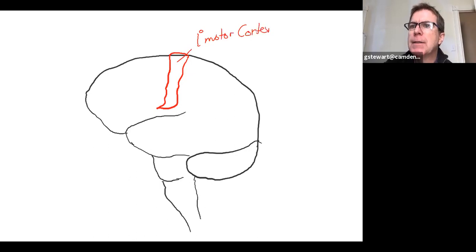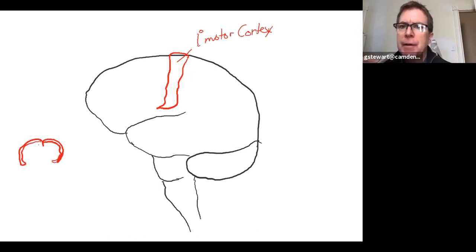And we're only looking at one side of the brain here. That goes down the other side. We're looking at the left side, left hemisphere. That would run over sort of, if we were to look at a brain from the frontal view, the primary motor cortex goes up, there's the top, and it goes down the other side as well. It has a thickness to it like this. That's a frontal view.